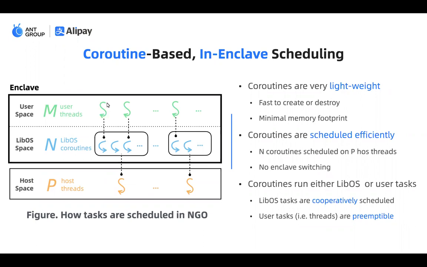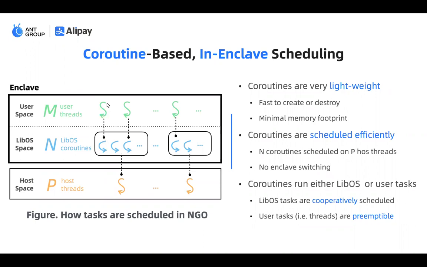Okay. So with this coroutine-based in-enclave scheduling, we get increased librarized parallelism with very minimal overhead. This increased parallelism is no doubt very good for performance.